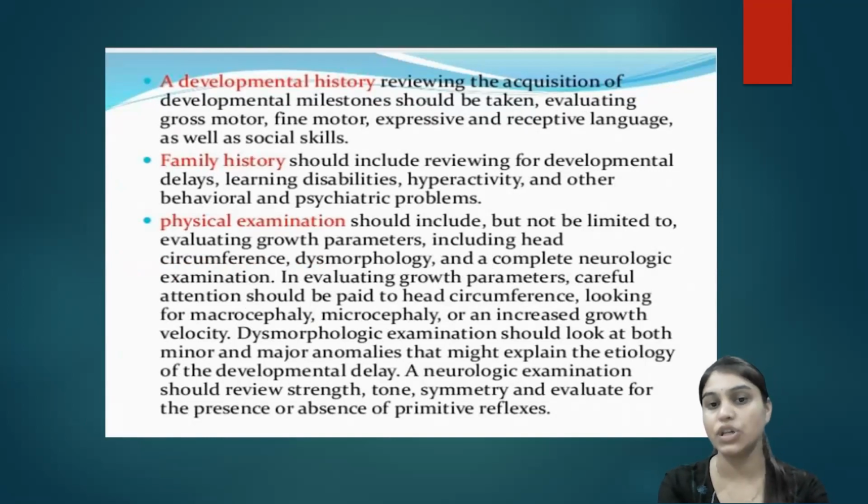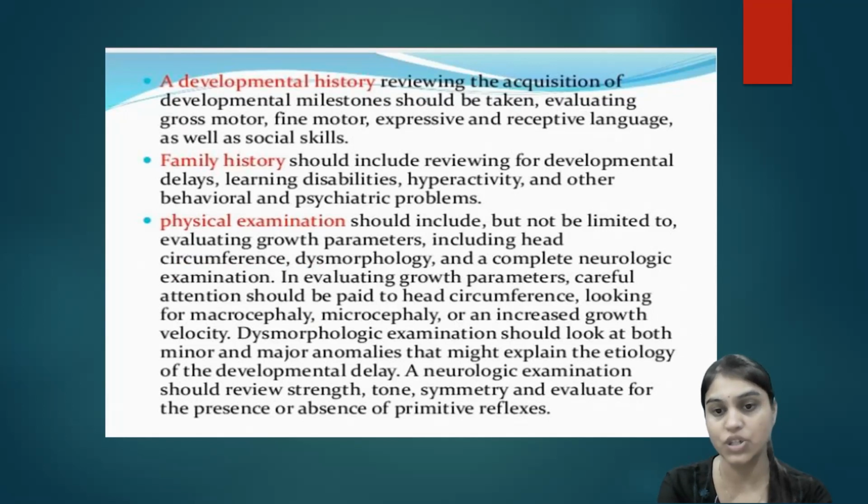Physical examination should include but not be limited to evaluating growth parameters including head circumference, dysmorphology, and a complete neurologic examination. In evaluating growth parameters, careful attention should be paid to head circumference, looking for microcephaly, or macrocephaly as an increased growth velocity.